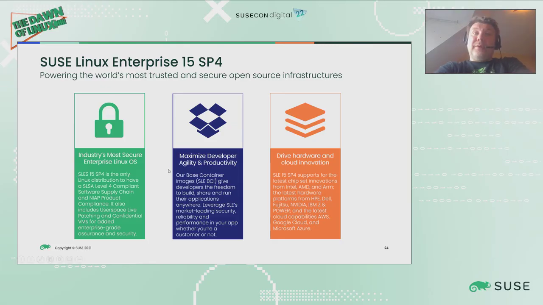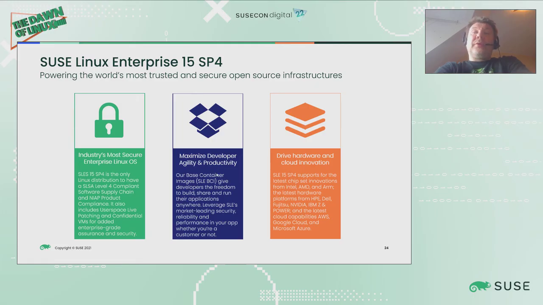Second, we invested a lot in base container images, and that gives great flexibility and simplifies the life of application developers. And the third pillar is hardware enablement. We worked hard, and we include a lot of support for new chip features from Intel, AMD, and ARM.